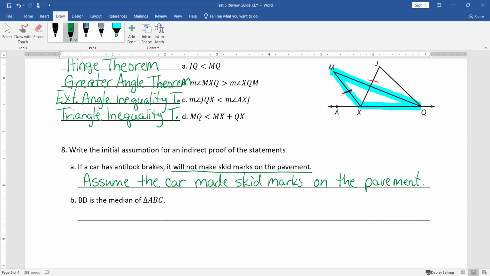You negate the conclusion and then treat that negation as if it's true and tell me what it proves. Then compare it to your given. All right, BD is the median of triangle ABC. So for this one, we would say that BD is not the median of triangle ABC.